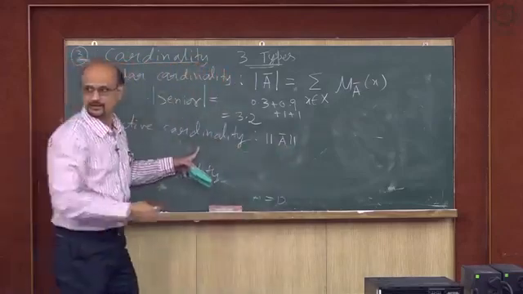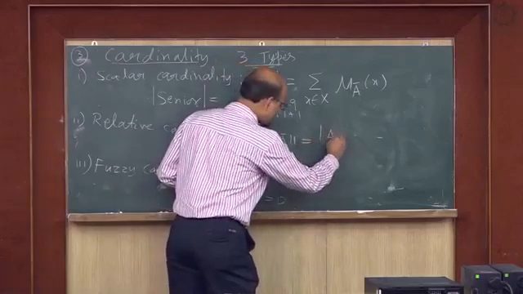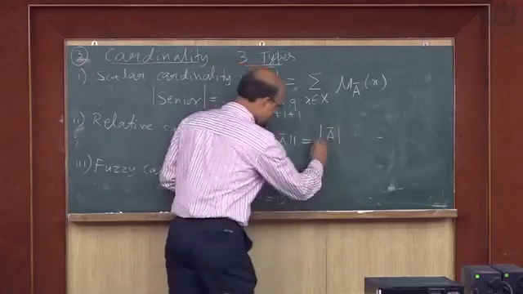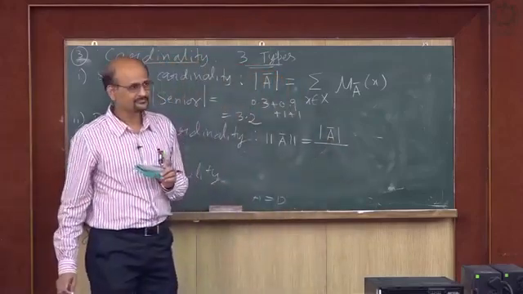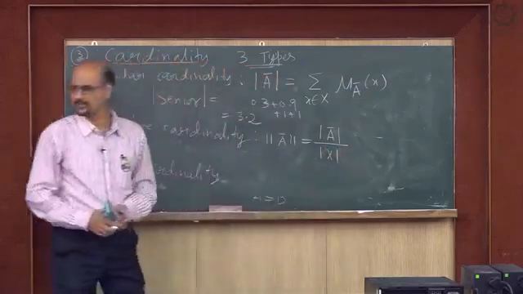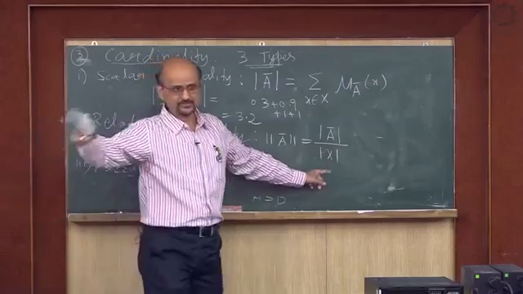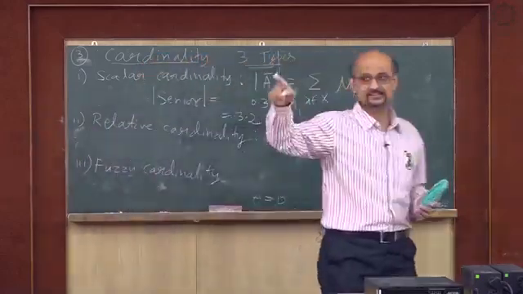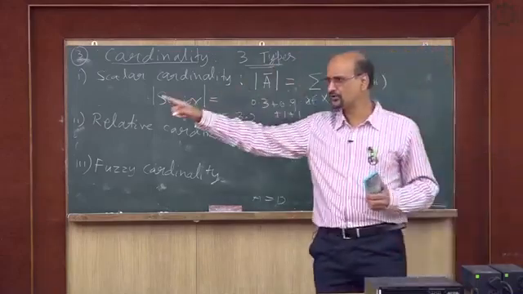Relative cardinality is defined as scalar cardinality of A bar divided by total, means total X, and this X is actually crisp. If you see the previous example, there X I had written the age, starting from 5 to 85 I think.